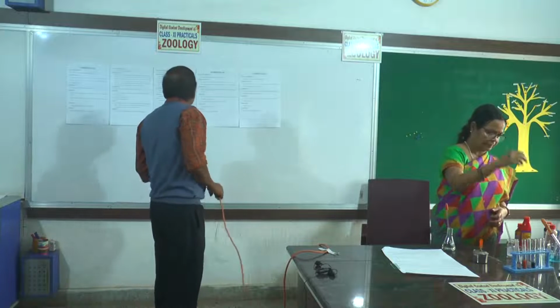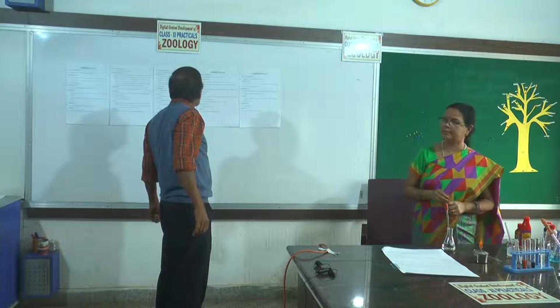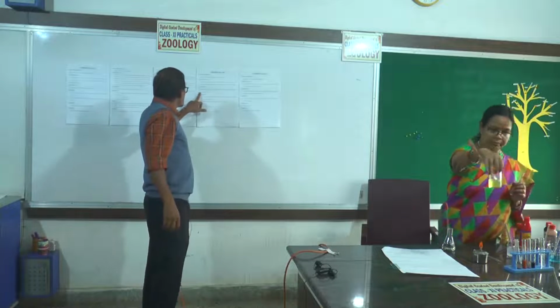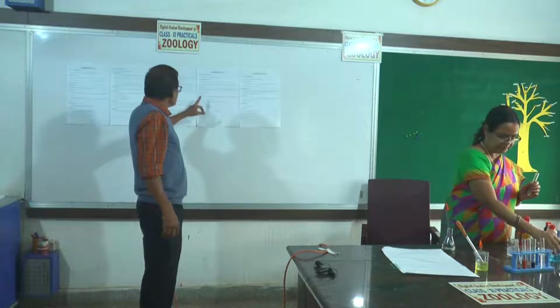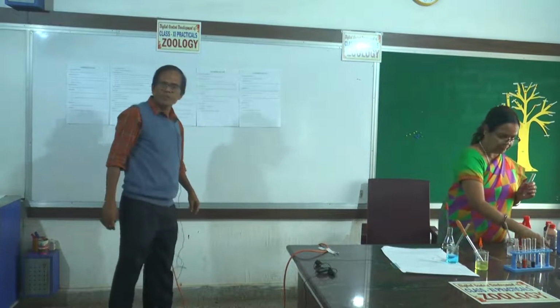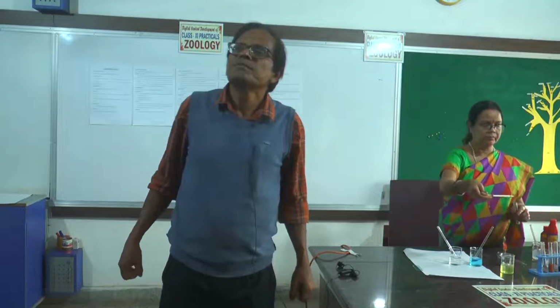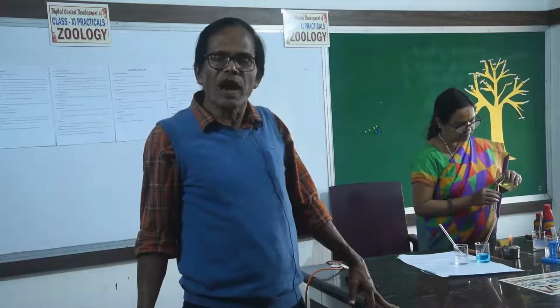Next experiment is determination of the presence of protein in a sample solution. For this, we require a test sample, that is egg albumin in an aqueous solution. Get an egg, break the shell, remove the yolk, and the rest, the white part, is called the albumin.